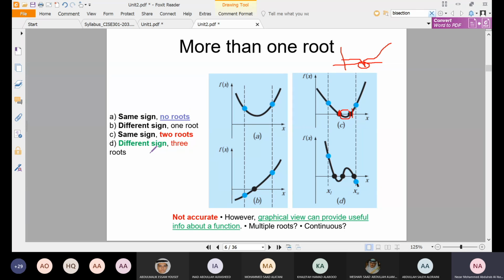In general, this method is applicable to give us an initial guess of the location of the roots, to bracket the roots, or to start from a good interval. But this method is not accurate, as we said, though it gives us good information about the function behavior.